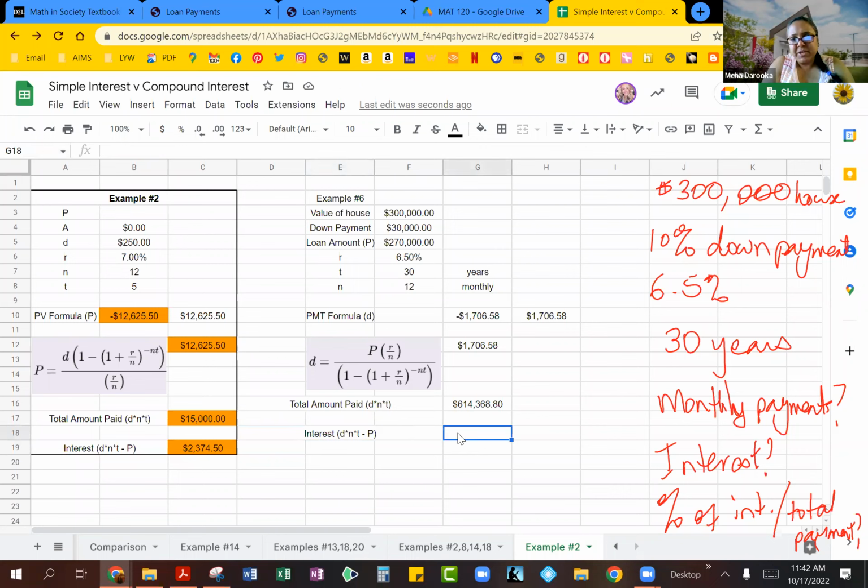So for the interest, we're going to take the $614,368.80, and from that you will subtract how much loan we had, which was the $270,000, and you will see this is going to be the interest Lynn has paid over that 30-year period. So $344,368.80. So that's how much interest she paid on her loan.